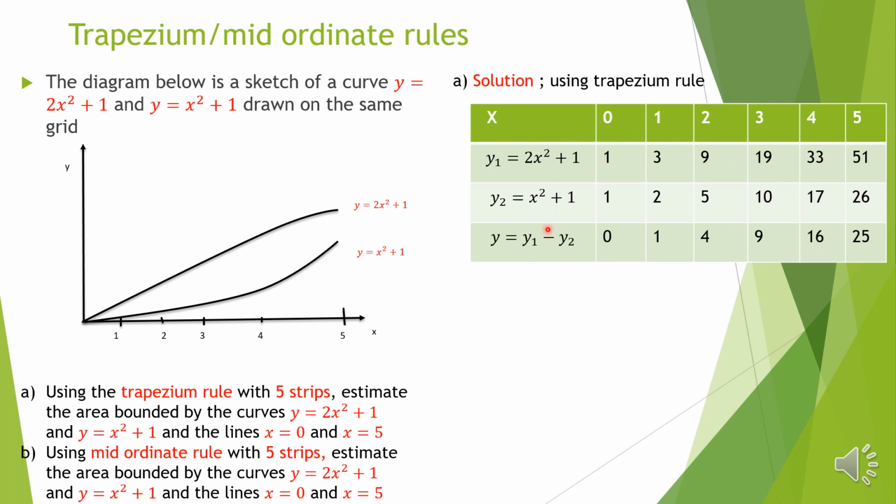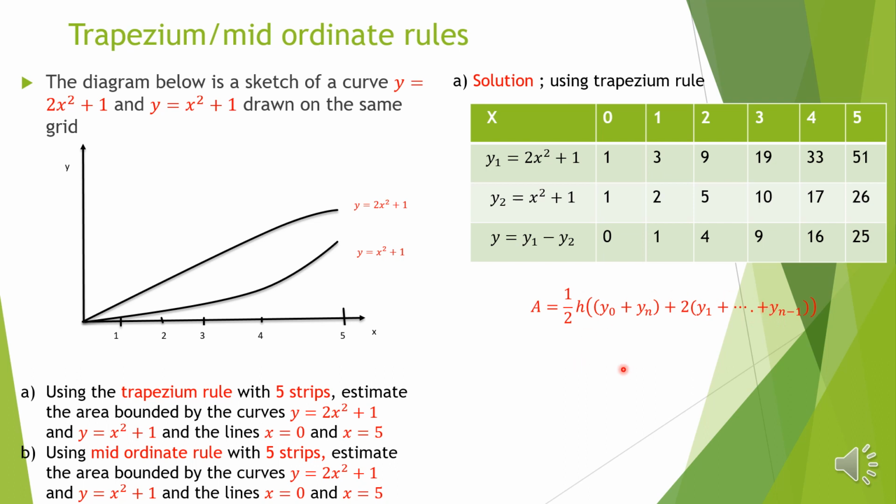Once I have this table, then I'll proceed straight to the formula. And the formula for the trapezium rule, as we know, is a half the first height plus the last height, then twice the mid-heights.